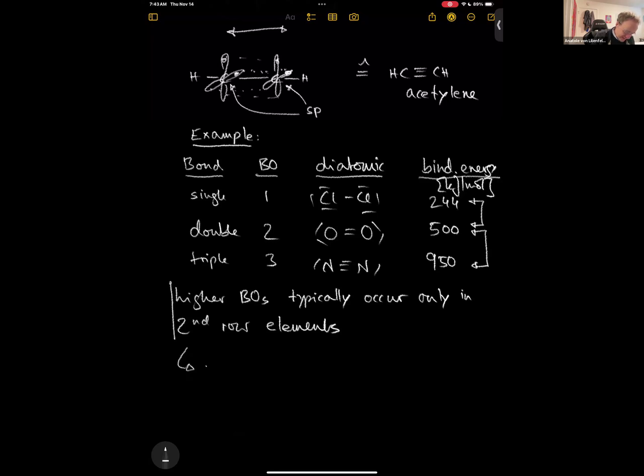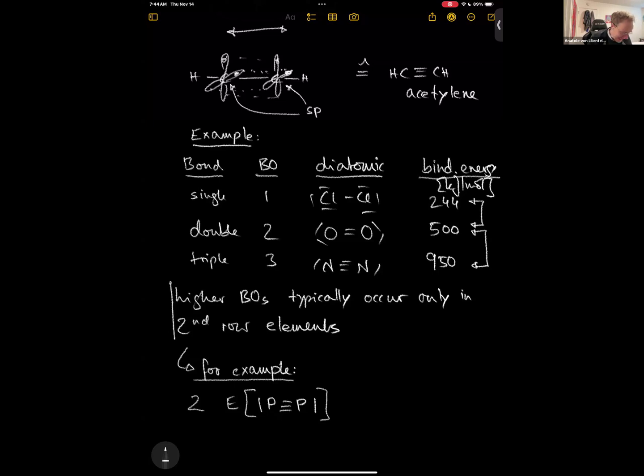You can show this example that if you take 2 times the energy of this molecule, where you basically simply go below nitrogen in the periodic table, and instead of looking at N2, you would look at P2 for phosphorus.